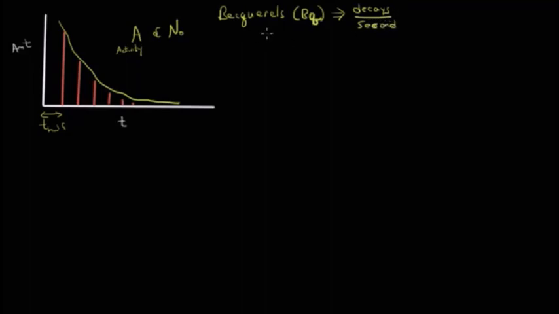Now, this is different than the half-life, which tells you the time to decay 1/2 of your population. Okay, but you can convert from half-life to becquerels or becquerels to half-life if you know the amount, the grams or kilograms or micrograms or whatever you have of your material.